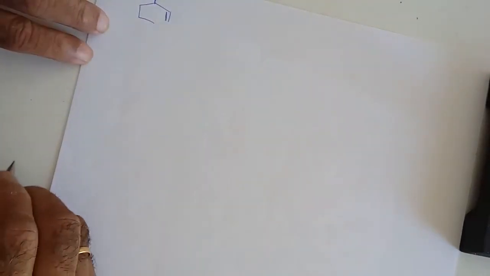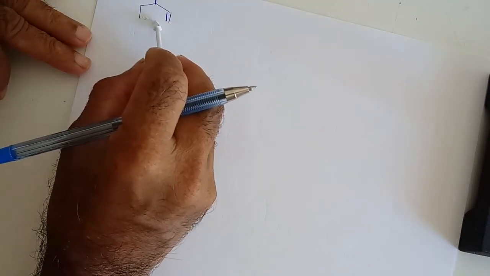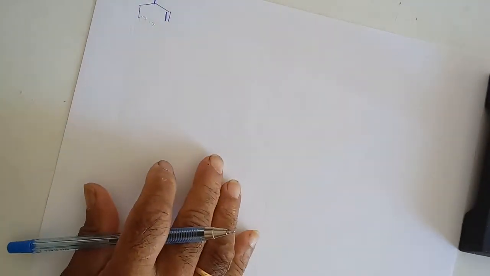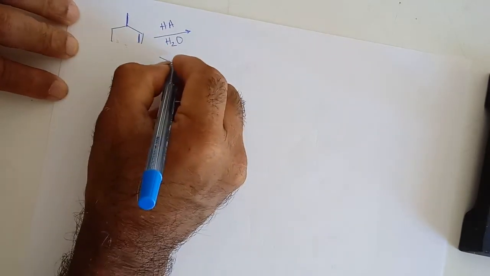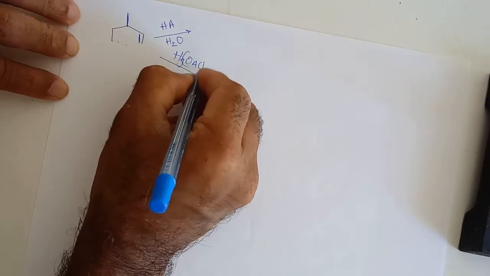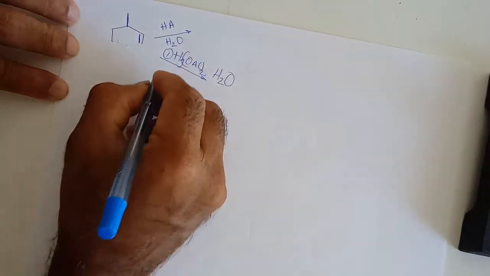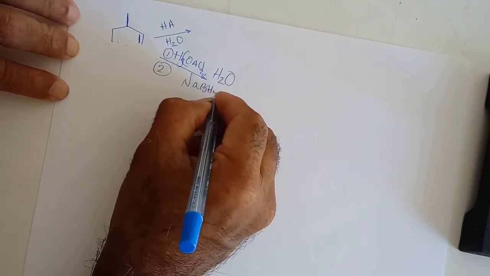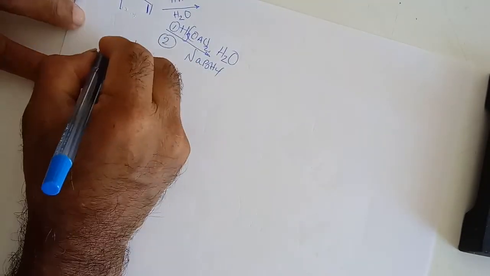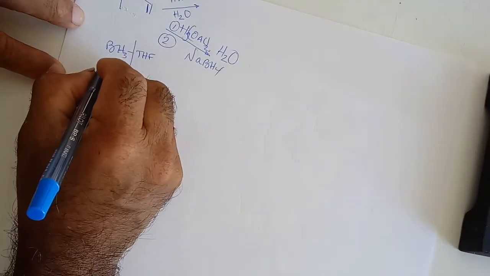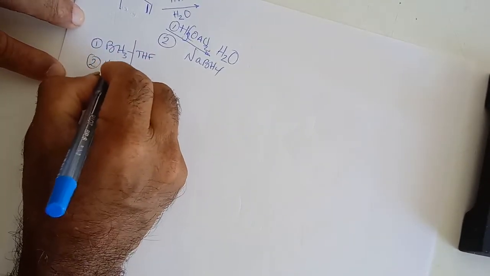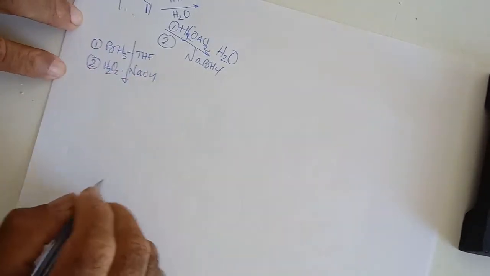Let's see what is the product if I use H2SO4, H2O; if we use HgOAc twice, H2O followed by NaBH4; and the third one is BH3 THF followed by H2O2 NaOH. What are the products?